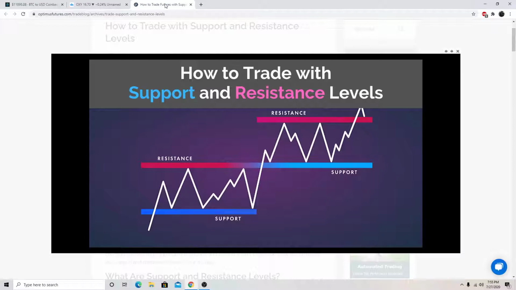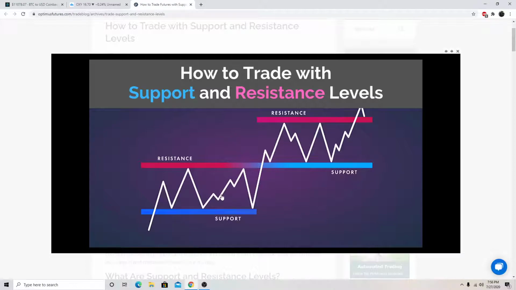Now I want you to think of support and resistance like a building. You have a roof, you have a floor, and in between that building, this is a multi-story building, right? When you're on the second floor, your floor is actually the roof of the first floor. So it's the same thing with trading.